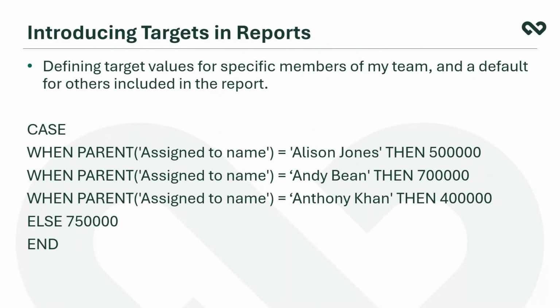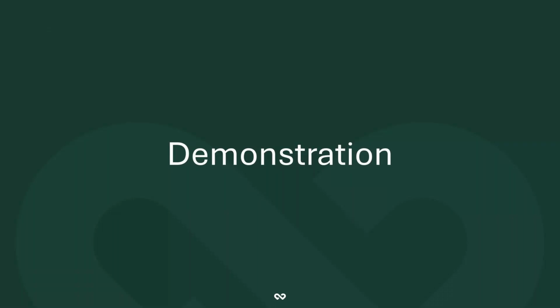So here's a formula I made earlier, defining targets for specific members of my team, while also setting a default for others in the team. As I said, the sort of fallback value. If it's not Alison, Andy, or Anthony, then the member of the team can still have a target of 750,000. So let's head back into Workbooks and add this to the report that we've made so far.